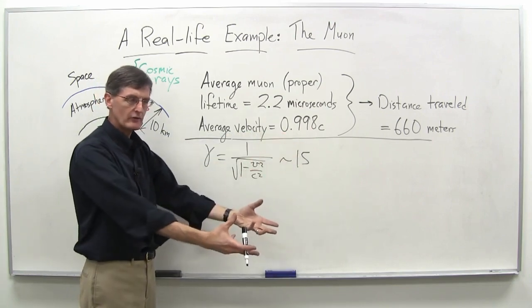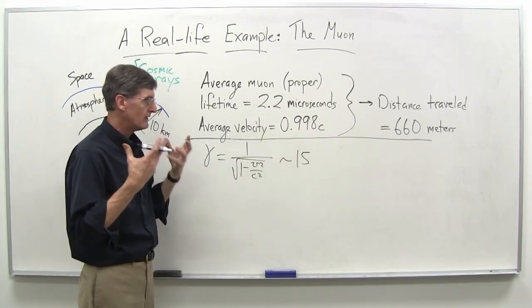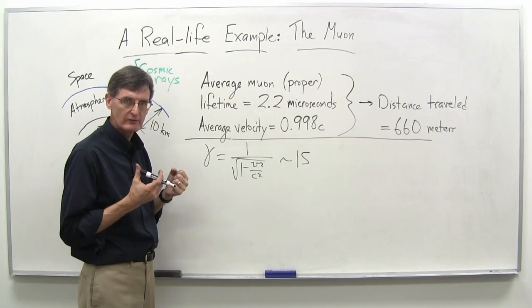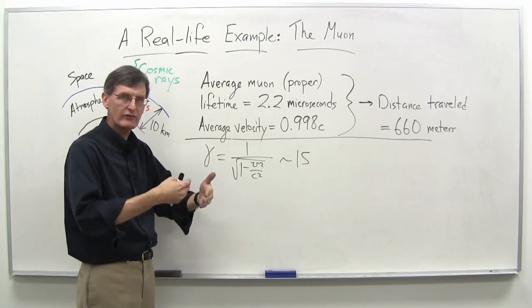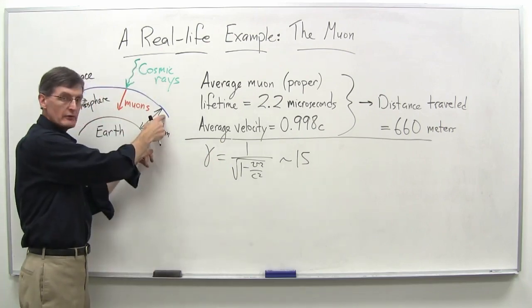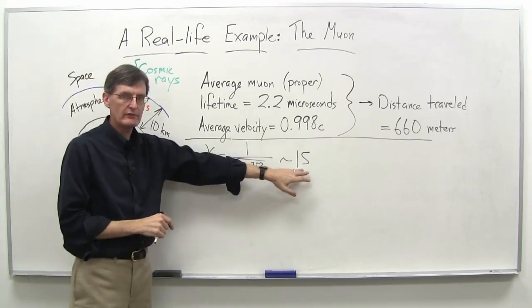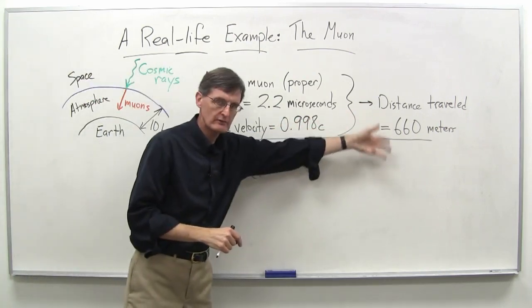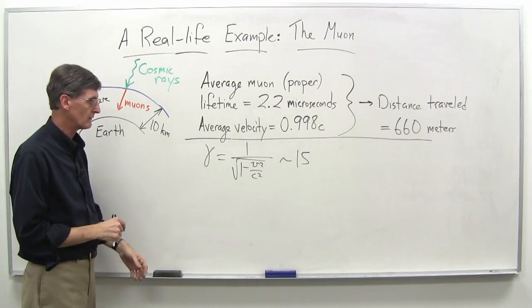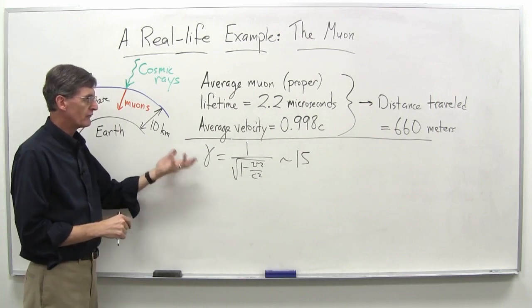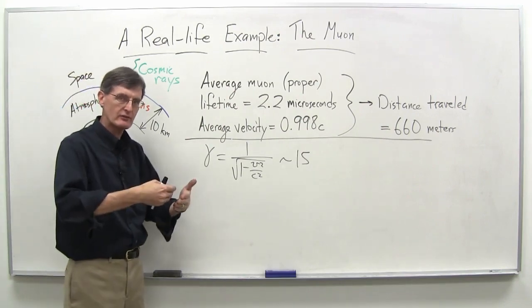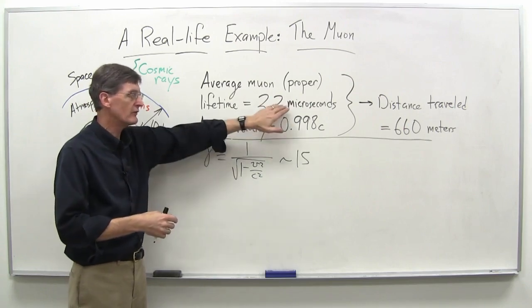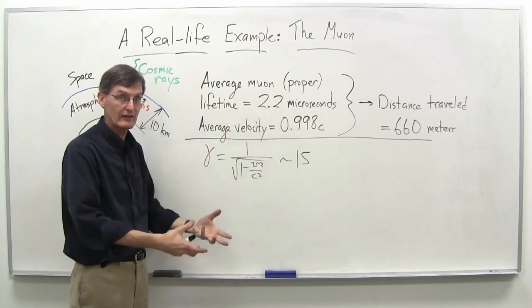And if something is moving toward you at that speed, you have a length contraction effect. That contracts the length from 10 kilometers to about 1/15 of that, around 600 or 650 meters. So the muon sees a length contraction effect that enables it to live only 2.2 microseconds but still get down to the surface of the Earth.